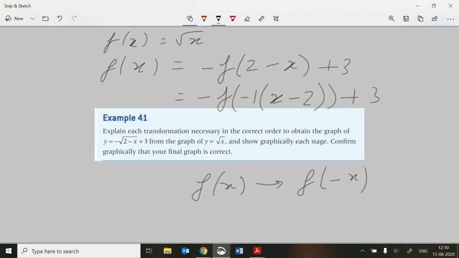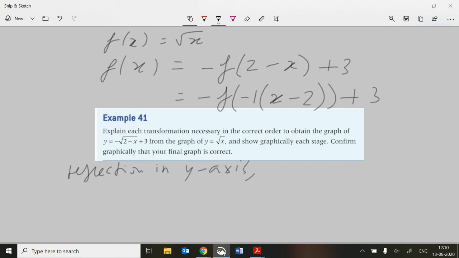That's also a stretch in the x direction of a factor of minus 1, but it's easier to say a reflection in the y-axis. So the first step is a reflection in the y-axis.